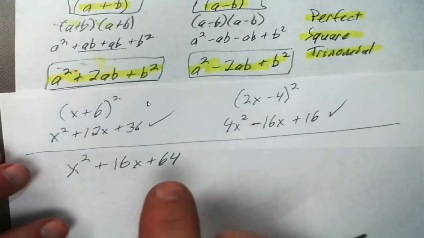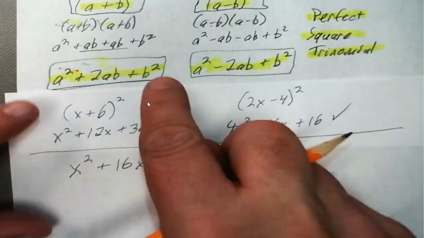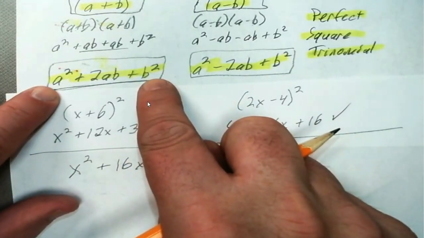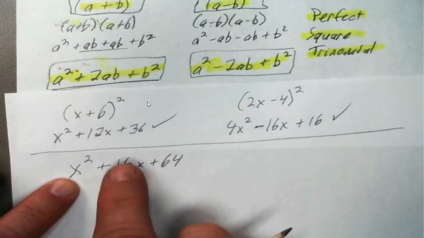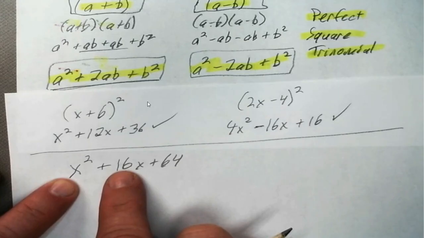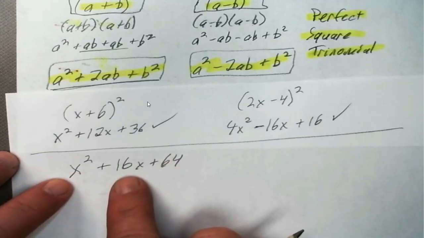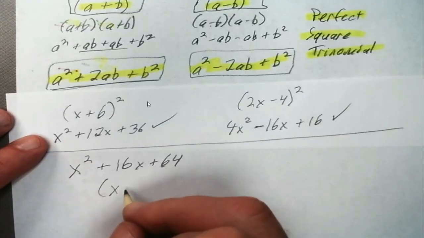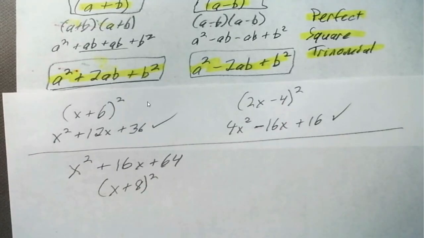Well, the way to figure it out is, are these both squares? x squared is a square and 64 is a square because it's 8 squared, right? And if I multiply those together and double it, does it equal the middle term? Well, 8 times x is 8x, and that doubled is 16x. So this must be x plus 8 squared. That's what that factors to.